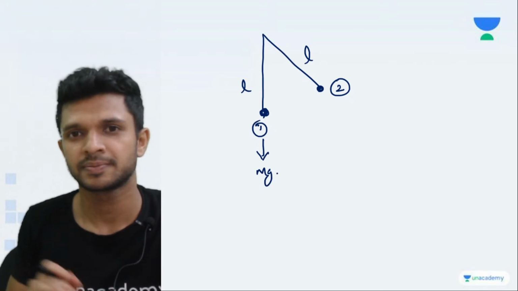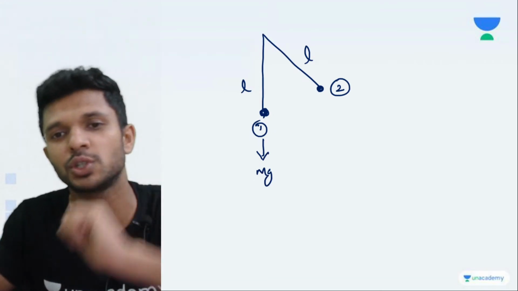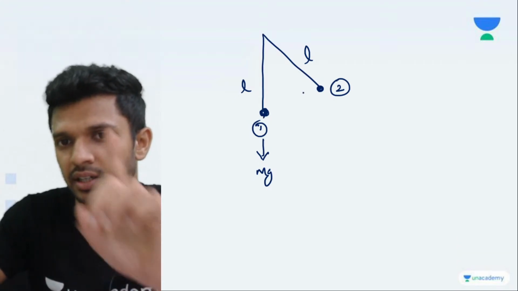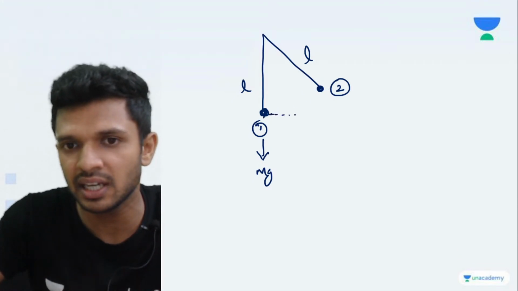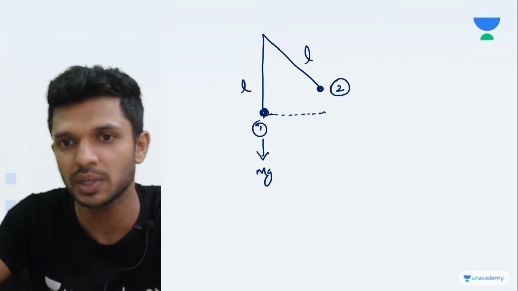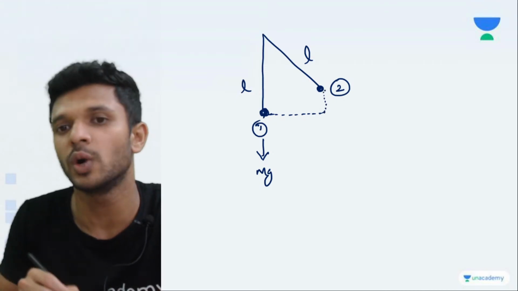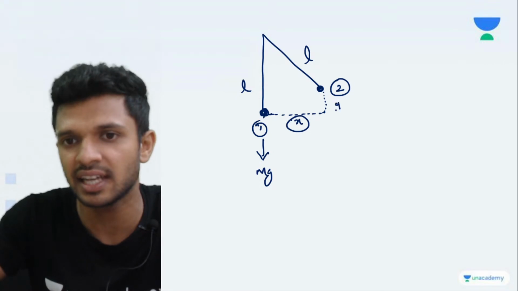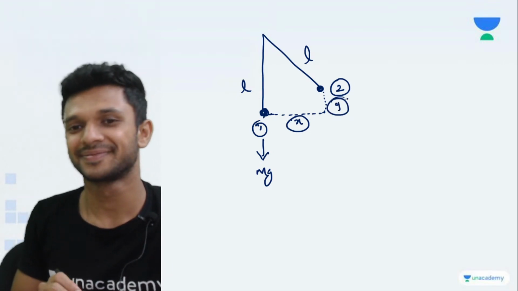Can you tell me? Okay, we'll break down the motion into two. When the particle moves from position 1 to 2, it is making a horizontal displacement and a vertical displacement, which means it is moving in the x direction and in the y direction.